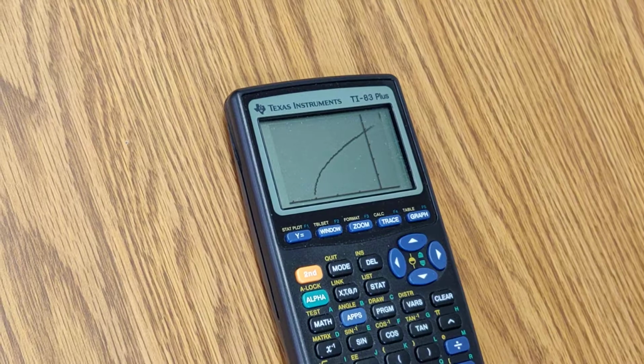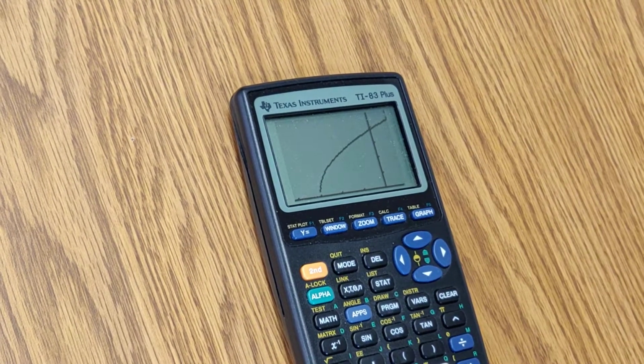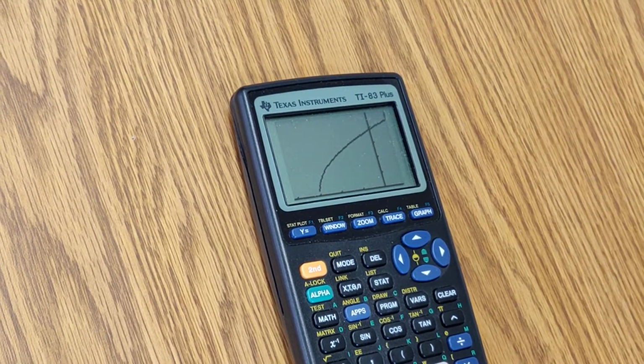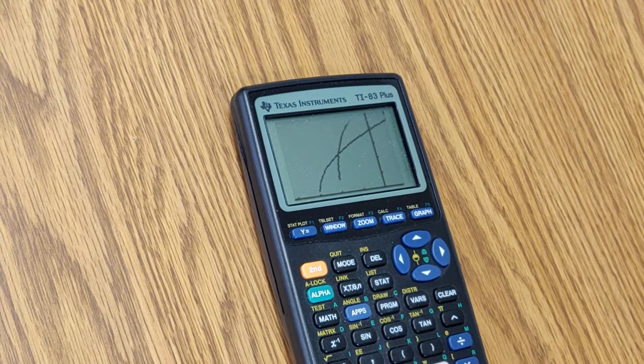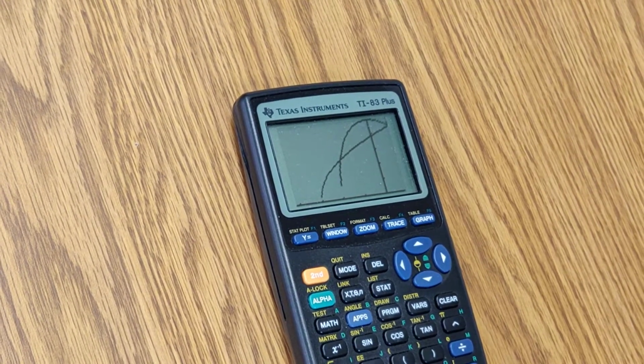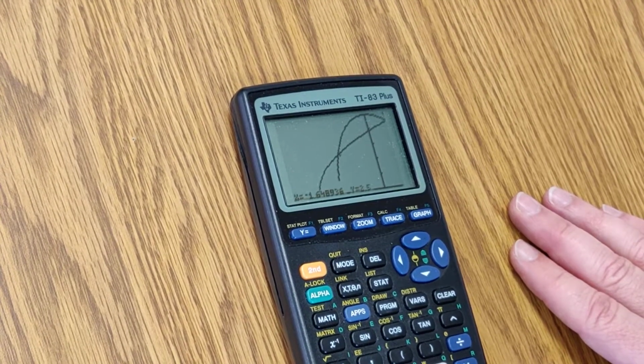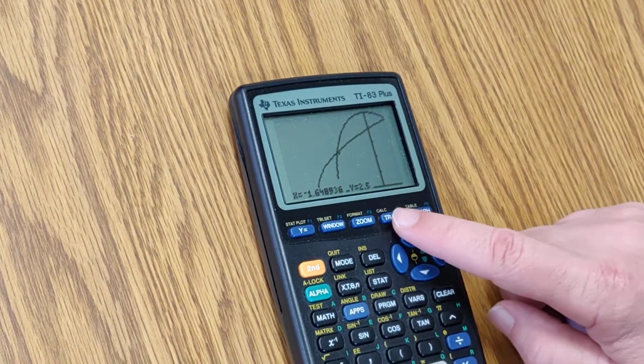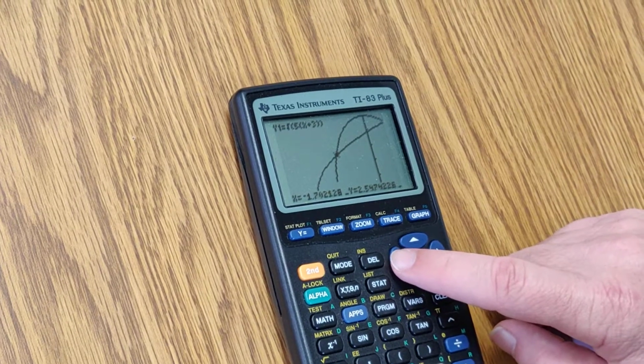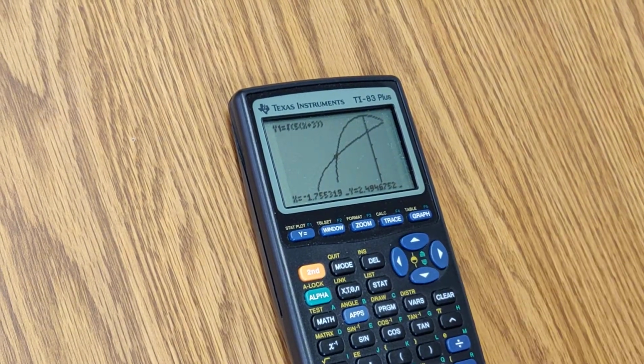There's the graph of the parabola. Now comes the graph of the ellipse. We're going to be patient just a few seconds. We're going to press trace and I go to the point of intersection.